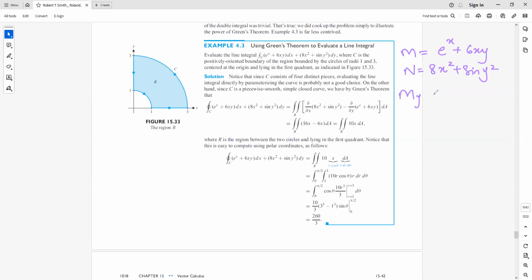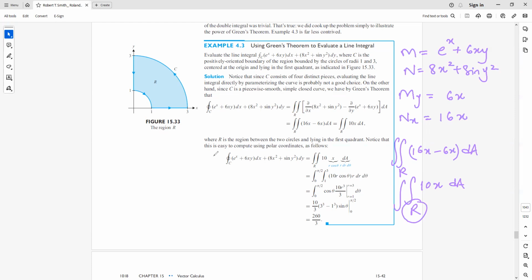So M_y is 6x and N_x is 16x. Therefore, the integral over the region becomes 16x minus 6x dA. So it is 10x dA over the region R.